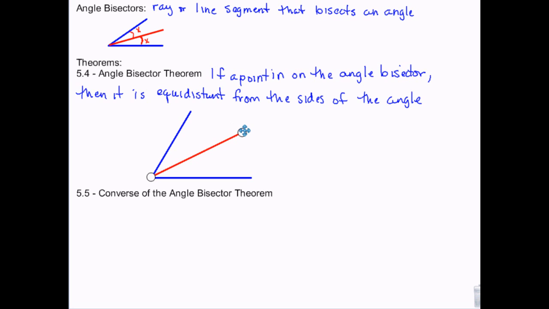If we call this angle ABC, and I'll say this is B, so if BD is a bisector, and I put some point on that bisector, any point at all, what would you like to call the point?